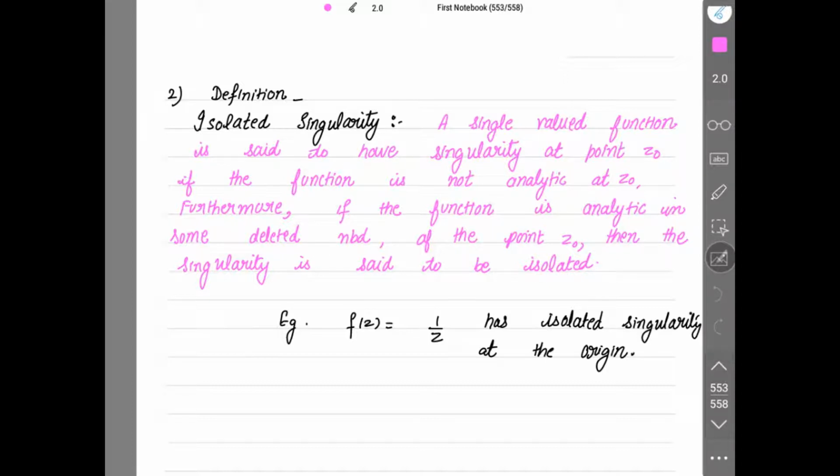Is it clear? For example, f(z) is equal to 1 over z. This has an isolated singularity at the origin. You put the denominator equal to 0 and you get z equal to 0. That is your origin. So this function has an isolated singularity at the origin, the point where the function is not defined, or the point where the function is not analytic is your singularity.